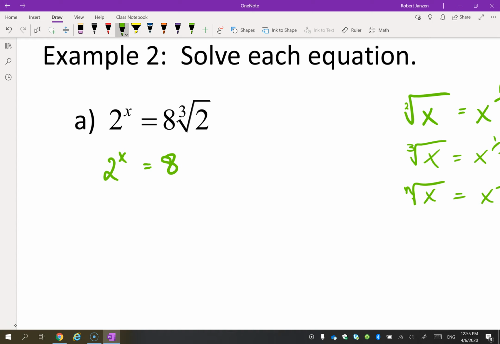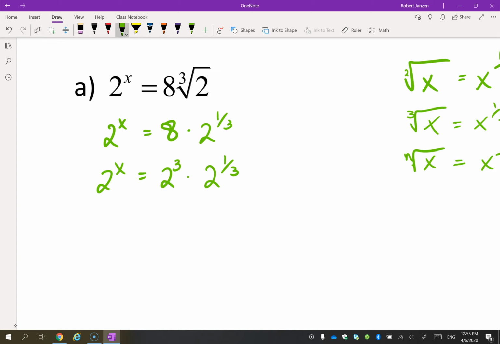Instead of the cube root of 2, I'm going to write it as 2 to the 1/3. Alright, and then I'm going to change that 8 to 2 cubed. And then I want to combine this. What's your rule when you multiply powers that have the same base? You add the exponents.